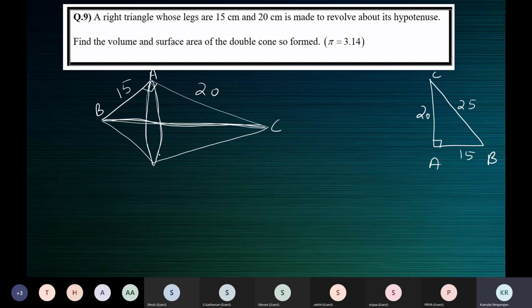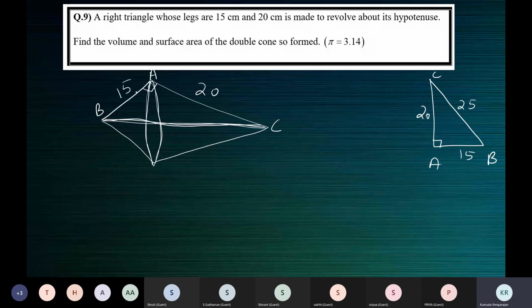It's not magic; the triangle cannot become a double cone. As it makes one complete rotation, the triangle will trace the shape of a double cone.